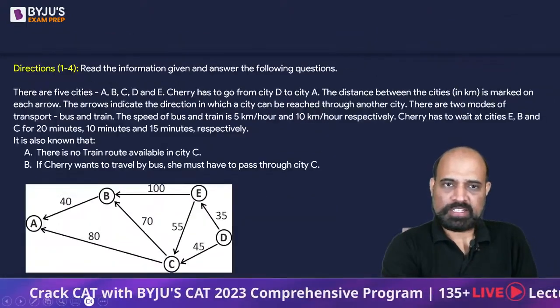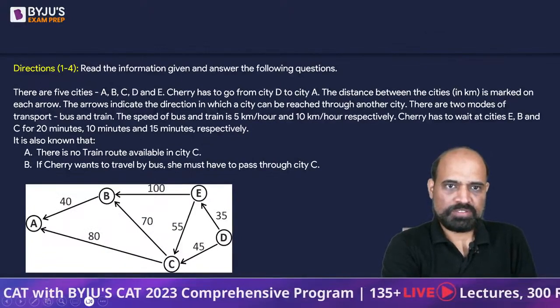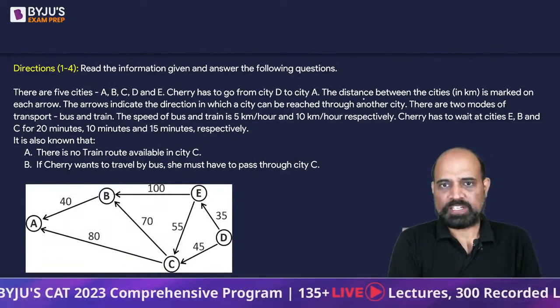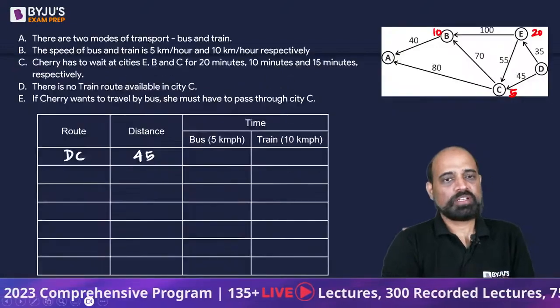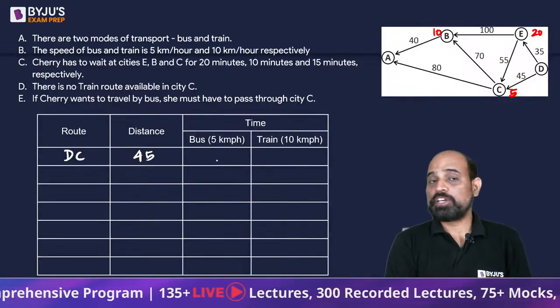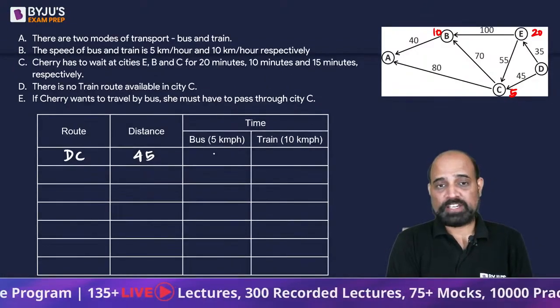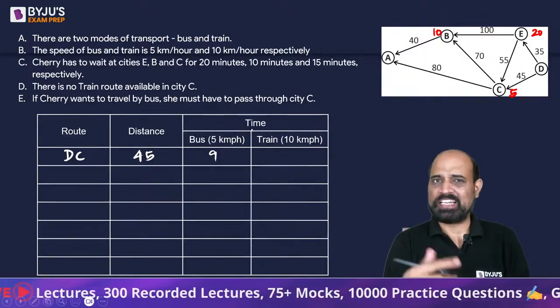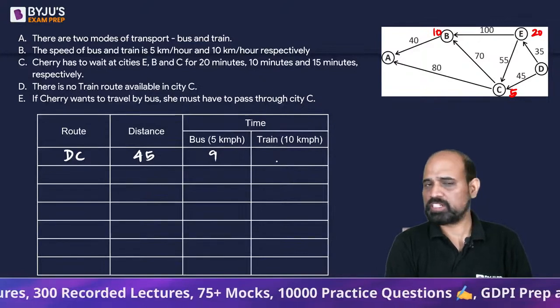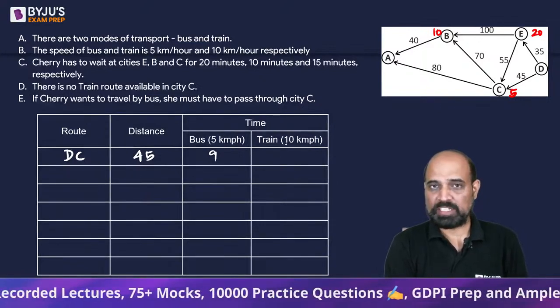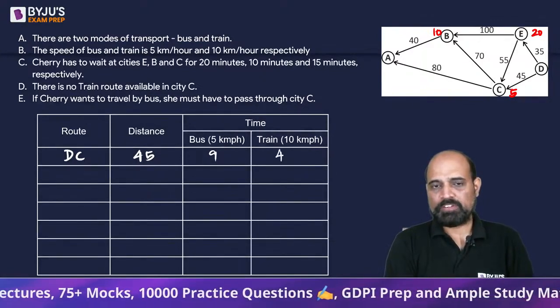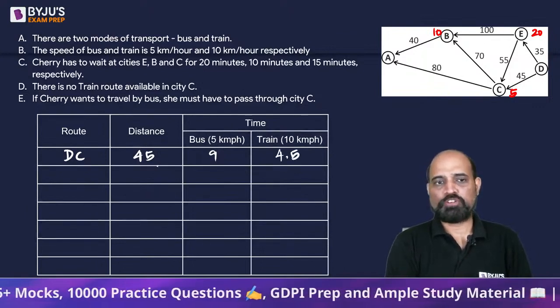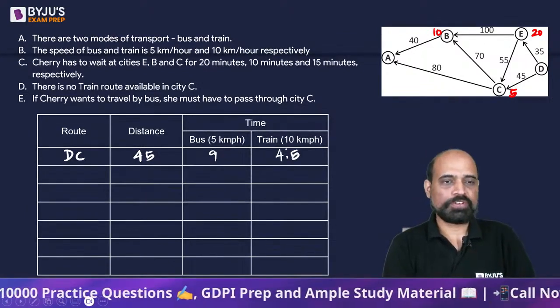Is the distance given in kilometers? Yes, the distance between the cities are in kilometers. So the bus is going to take 45 by 5, that is 9 hours, and train is going to take half the time. Remember, speed double, so this time constant, and then the time gets halved. So 9 will become 4.5, or 45 by 10 is anyways 4.5.